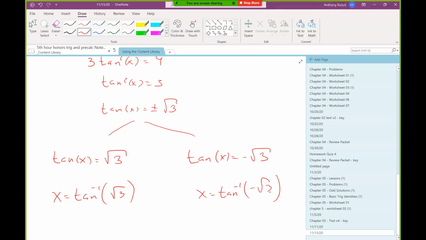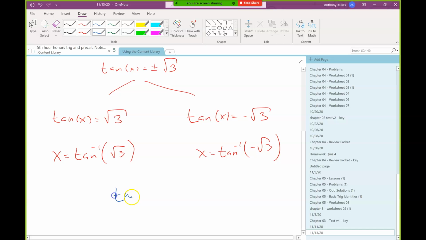Now, remember that tangent is y over x. So in this case, if I'm talking about the square root of 3, my y is the square root of 3 and my x would be 1. Now, there's no point on the unit circle that has those exact coordinates, right? We have a point that's close.